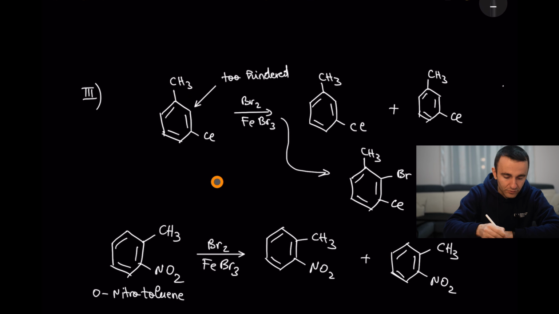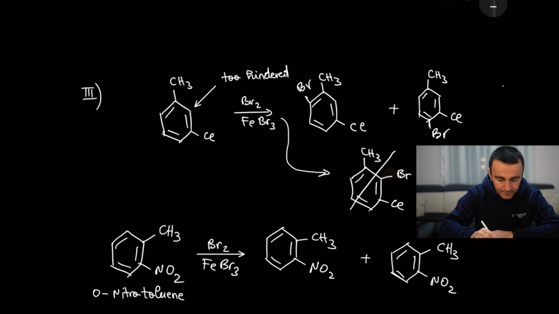The products that are going to be formed by this reaction are going to have a bromination here and a bromination here, that are related to orientation of methyl in ortho and chlorine in para, and here chlorine in ortho and methyl in para. In order to make this compound that is not formed, you can follow another route.